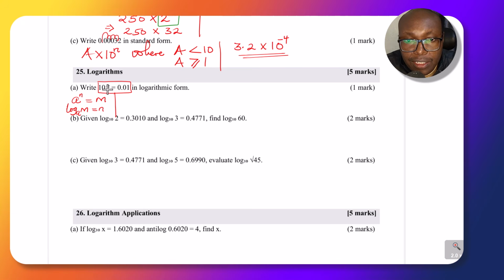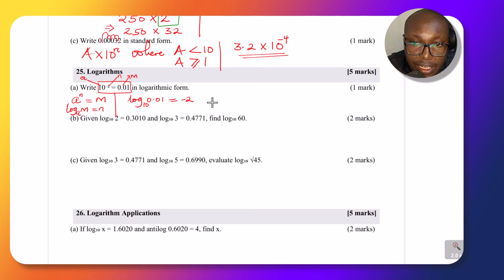Now apply that in the question that you have here, and this will be logarithm of 0.01, that is what is acting as m, and the base is 10, that is a, is equal to the index, the index is n, and that is negative 2.